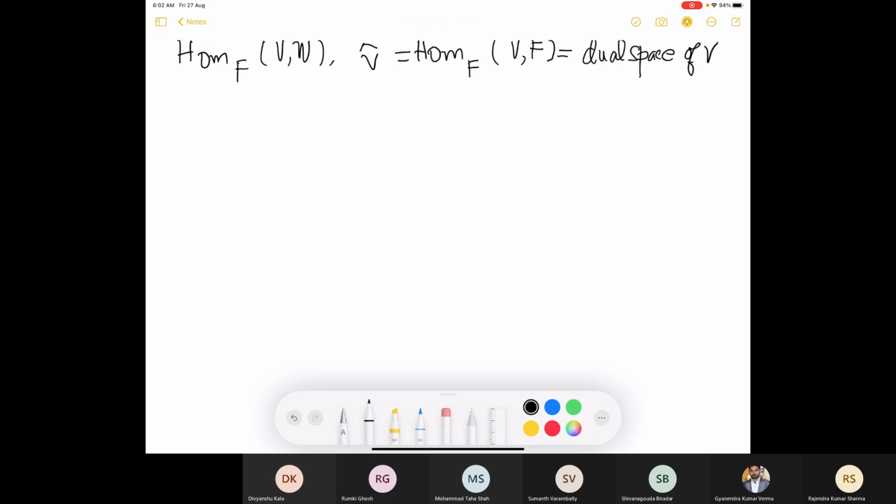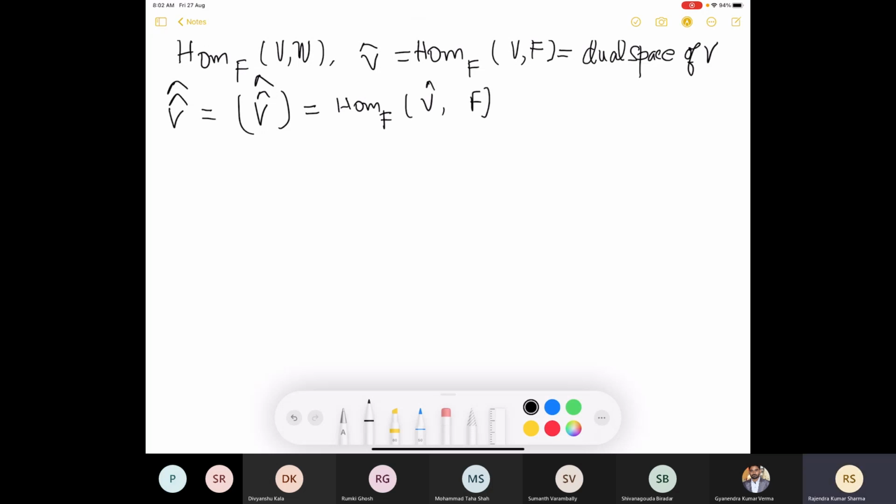We also have defined the second dual, that means dual of dual. So this is called your second dual space.